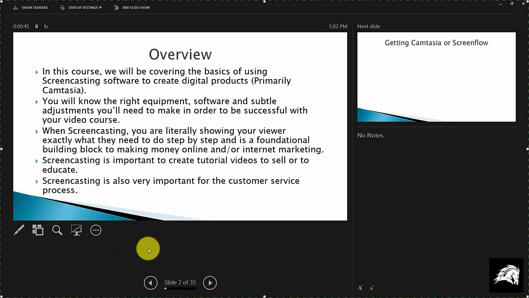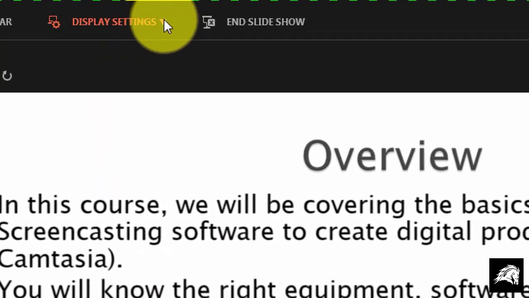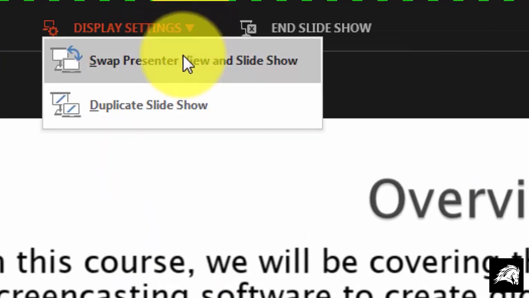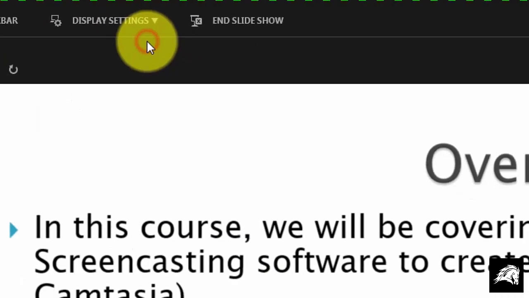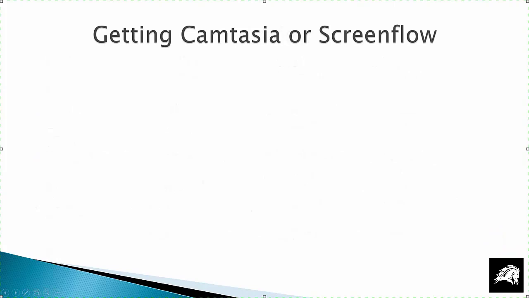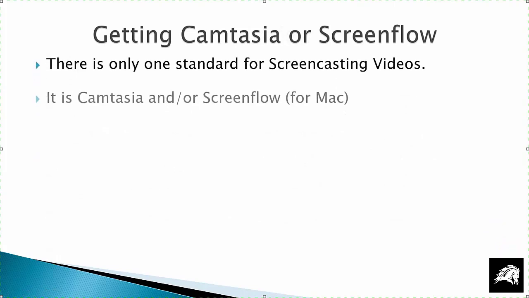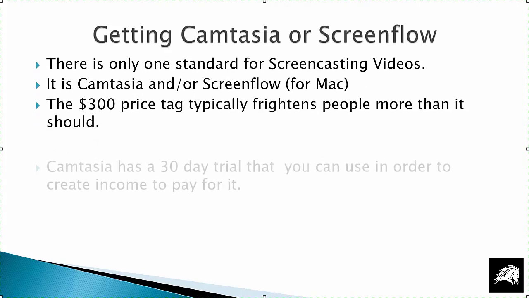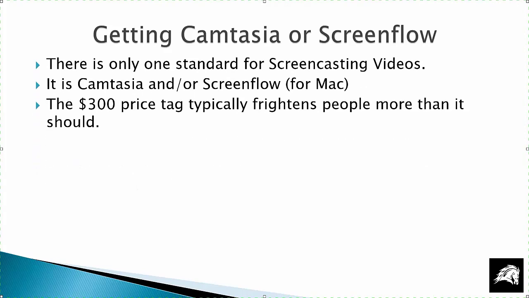Now you can also advance the slides in the other form, and if we want to switch those slides, we go to display settings and we swap the presenter and slideshow view. That brings us back to this screen. And what we'll need to do in order to advance our slides is make sure that we have tapped into this screen once, and then we can use the arrow keys, the page up or page down key.